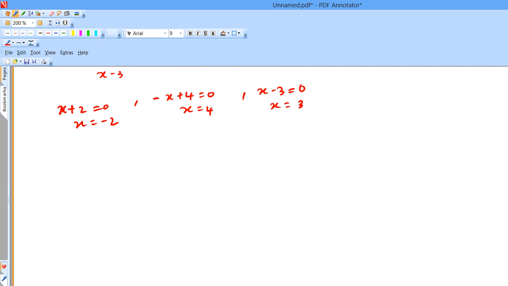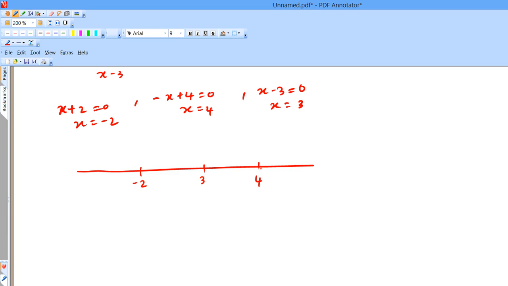Based on step number 3, we divide the real number line into intervals. This is the real number line, and we have the values negative 2, 3 and 4.